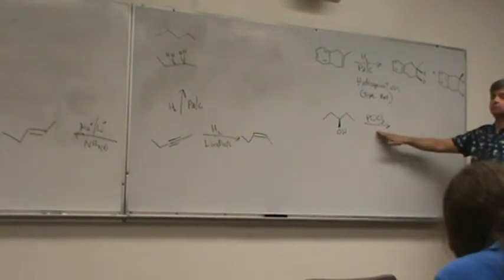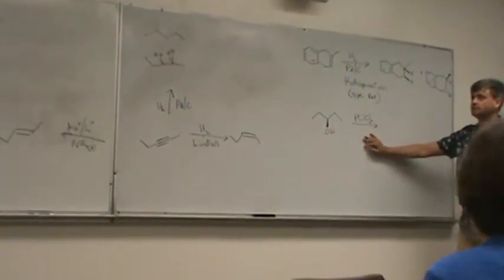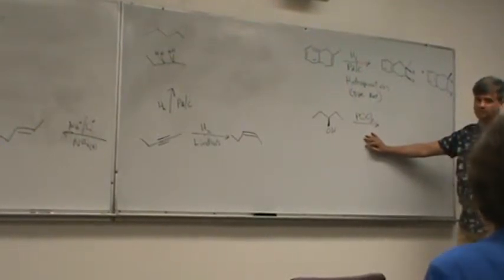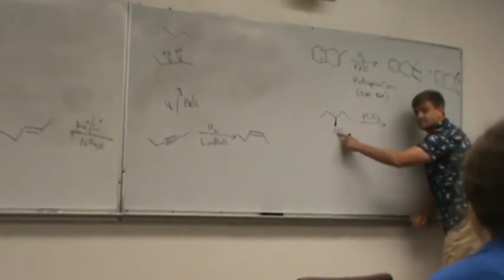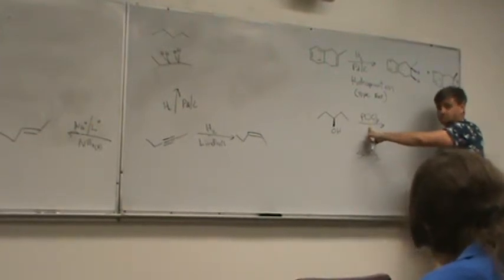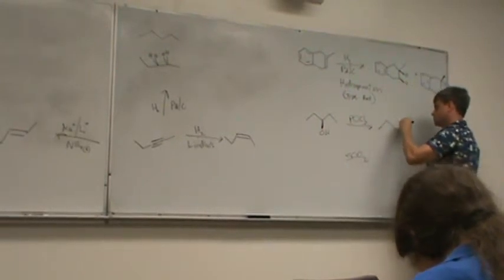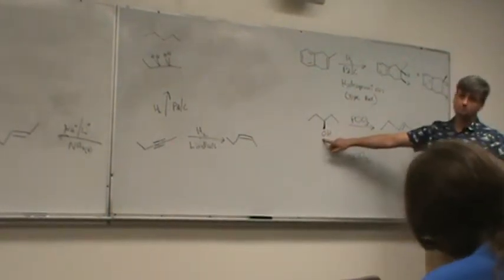Okay, POCl3. What does POCl3 do? Yeah, I'm not sure. Maybe one person got this right on the exam. No, you're mistaking that, and they're so close. That would replace that with chloride. Okay. This does an elimination. So just like all of the eliminations, we create a double bond between the carbon with the OH and an adjacent carbon.